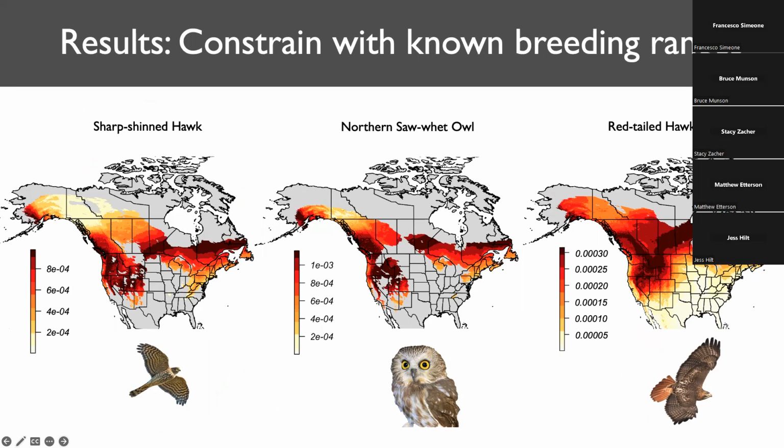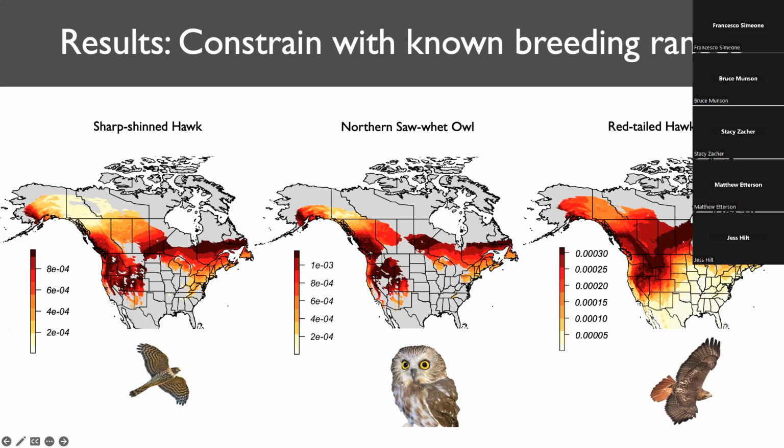Again, the darker regions represent higher probability density than the lighter regions. Each of these maps is constrained with known breeding ranges, so this helps to eliminate regions and habitats that these birds were unlikely to be found in.